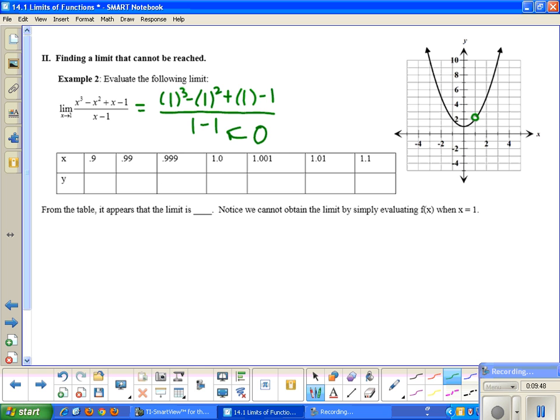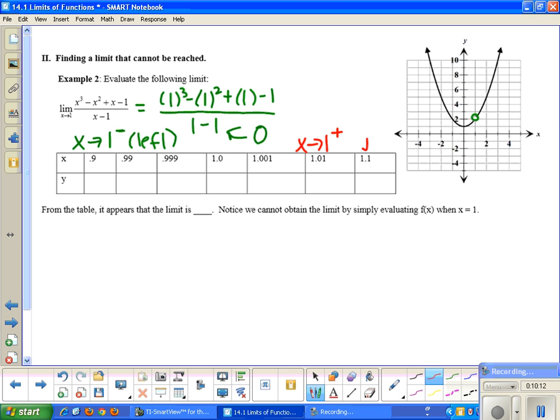That's why it's easy to look graphically at what's happening at this value by plugging into your graphing calculator and looking at what happens as x approaches 1 from the left side of our graph, and as x approaches 1 from the right side.